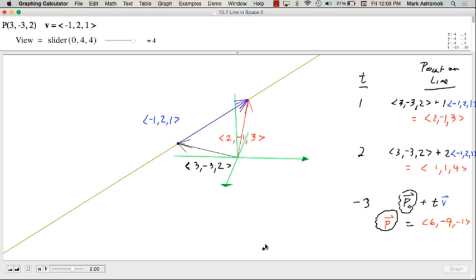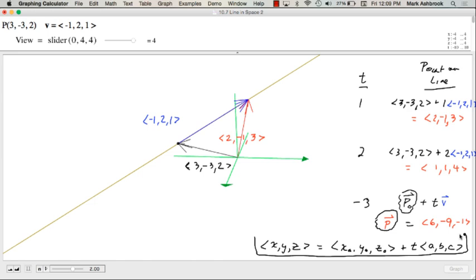So let's write that out. x, y, z, which represents every point on the line, equals a given point, x naught, y naught, z naught, plus t times, oftentimes we'll use for the direction vector, a, b, c, what we call v. You should know what everything in there means.